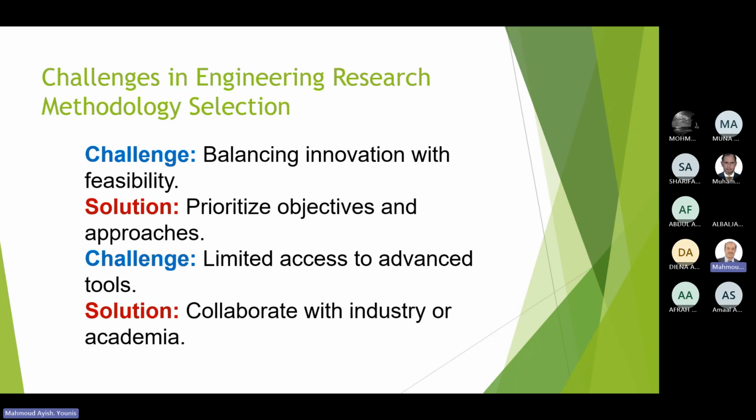Prioritize the objectives. Make your objectives and approach in a certain way as priorities, so you do stage number 1, then stage number 2. That's the solution for the problem. If you cannot balance between innovation and feasibility, the solution is to prioritize the objectives.